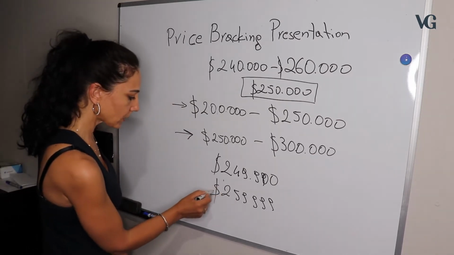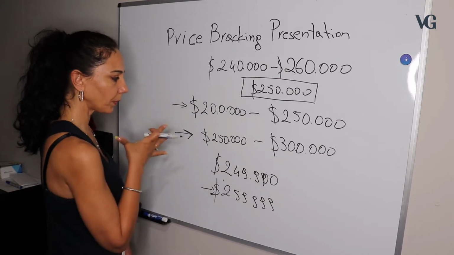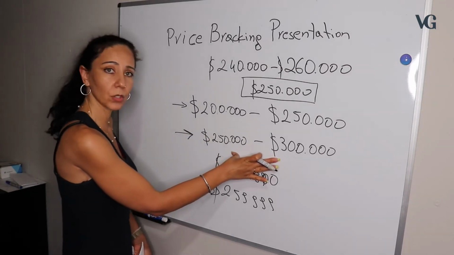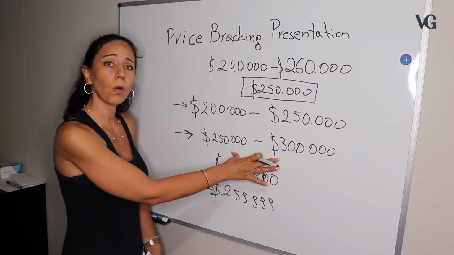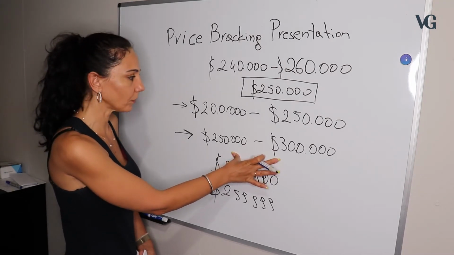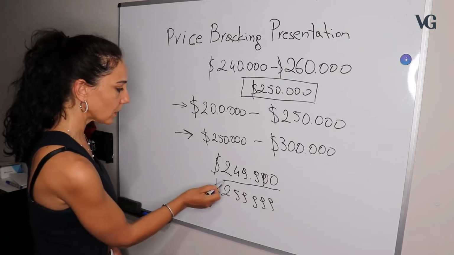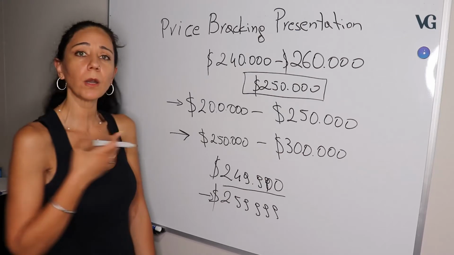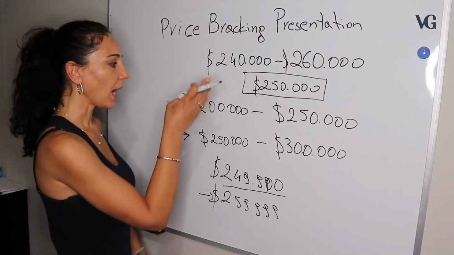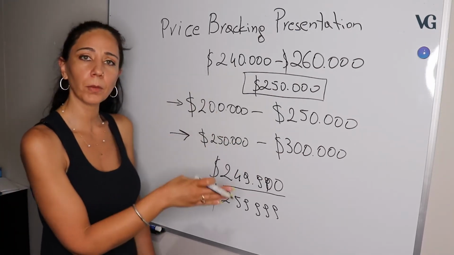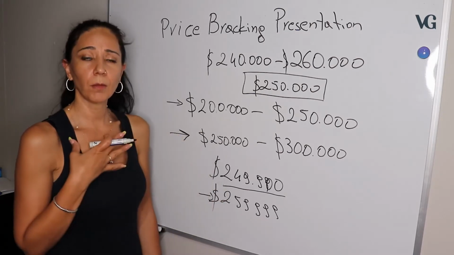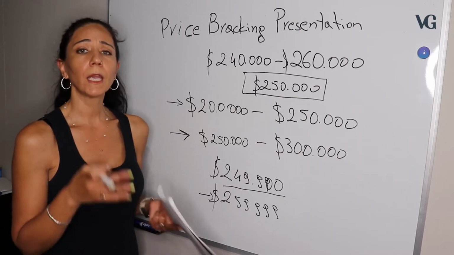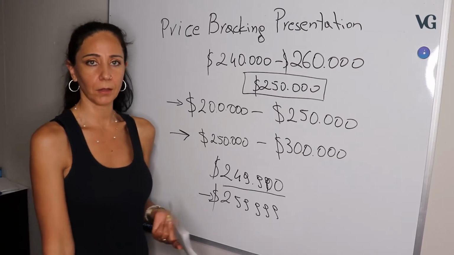Because if I have this price, my property will show up only in this search from the real estate agents or from the buyers themselves. And if I have this price, my property won't show in the second part of the range. So we want to make sure that I have the biggest number of qualified buyers, and that my property will show and be the obvious choice in comparison to the other properties on the market.